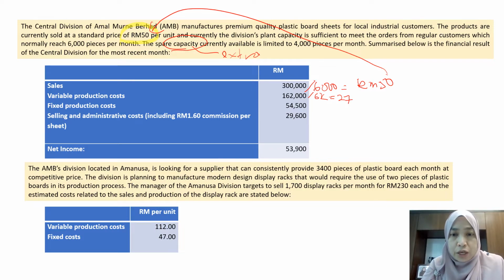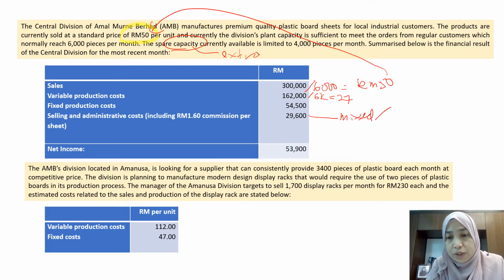And then fixed production cost 54,500. Selling and admin cost, in brackets including 1 ringgit 60 cent commission per sheet, total is 29,600. That means selling, distribution and administrative cost is a mixed cost.